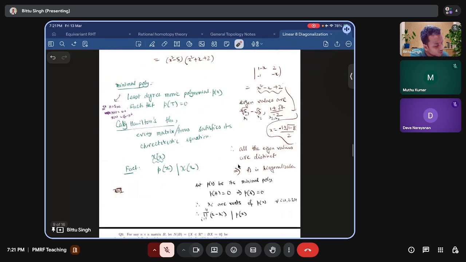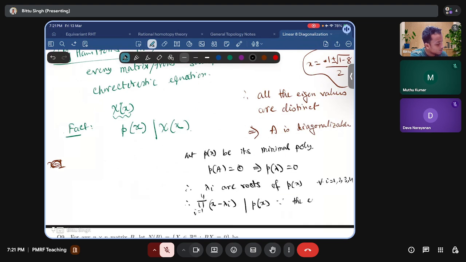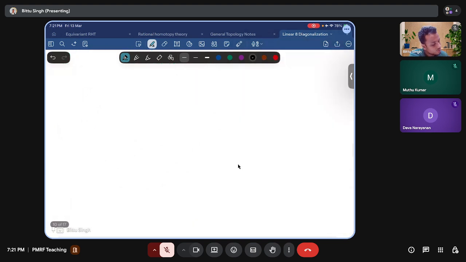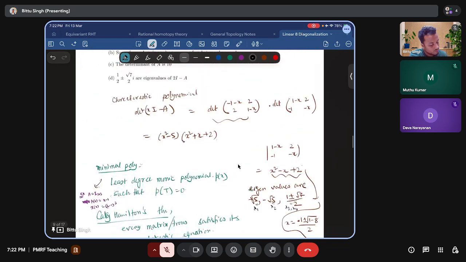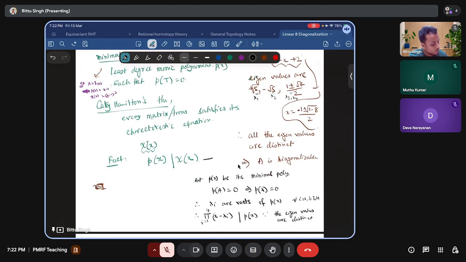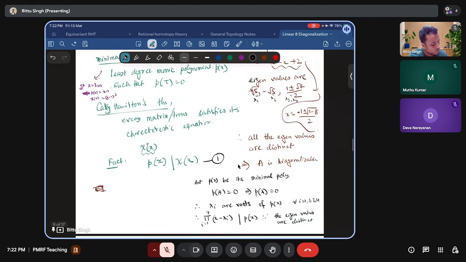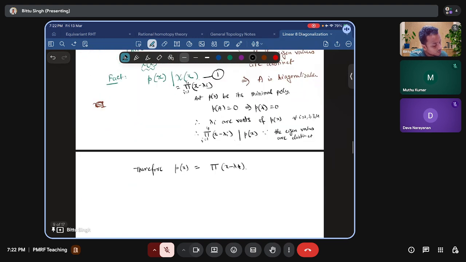But in this special case, since the eigenvalues are distinct, we get that the minimal polynomial is the same as the product of (x minus lambda i), i equal to 1 to 4.